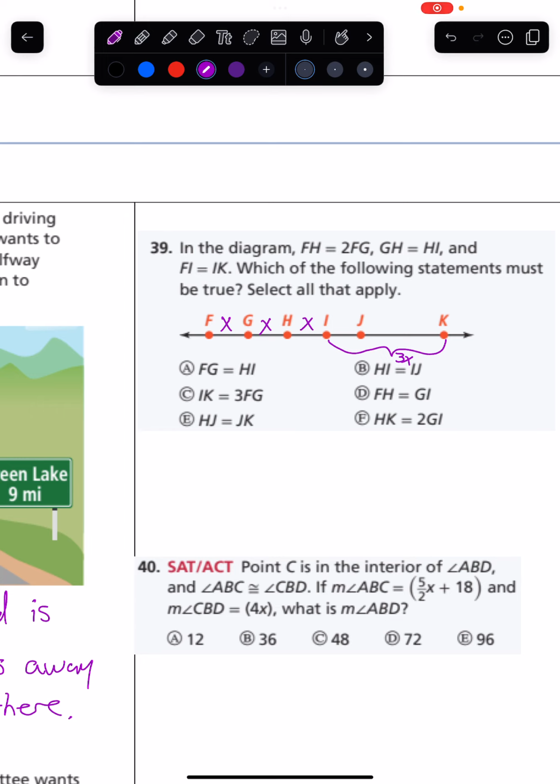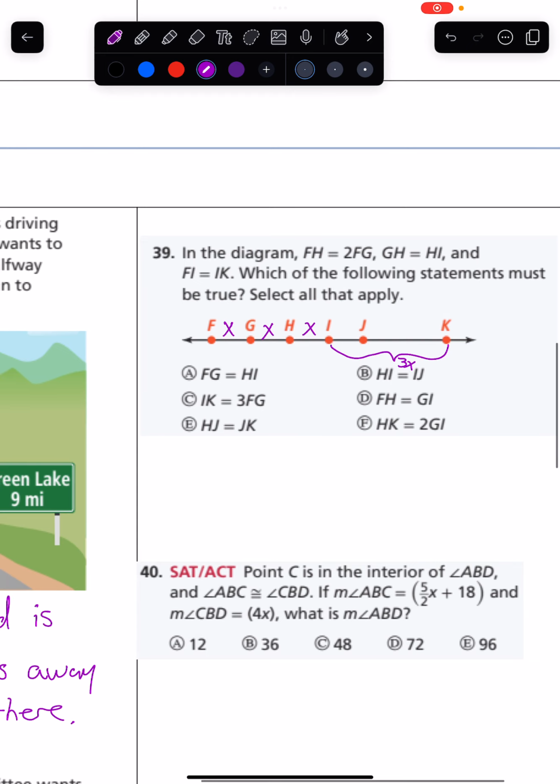So which of the following statements must be true? So FH equals HI. I know FH is 2X and HI is 1X, so that's not true. IK equals 3FG. Well, IK is 3X and FG is 1X. So IK is definitely 3 times FG. Then I'm just going down the column, by the way.